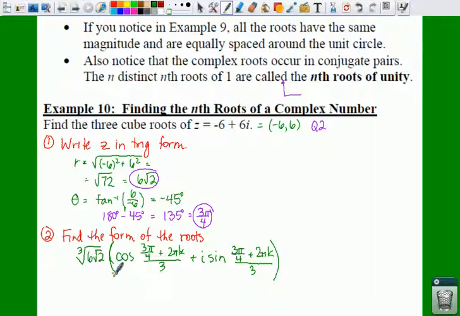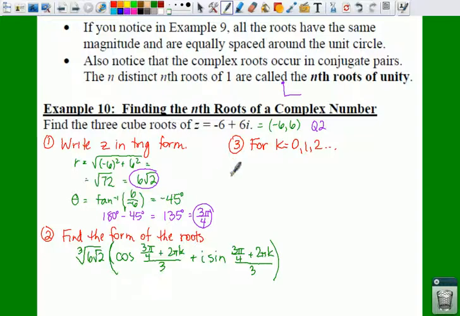Alright, so let's move on to finding all of our roots. So for k values of 0, 1, and 2, we need to find our roots.